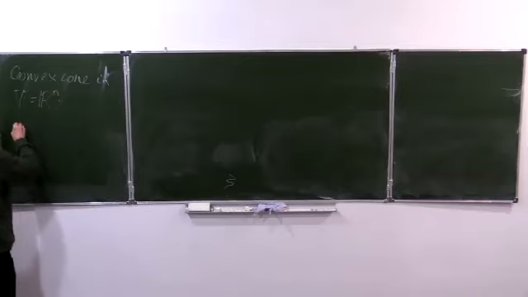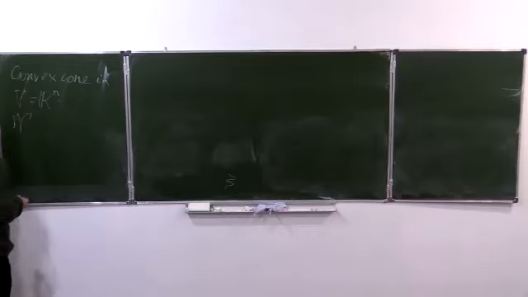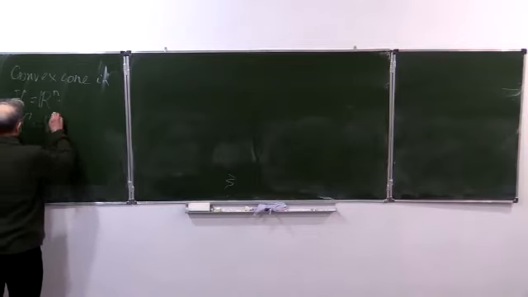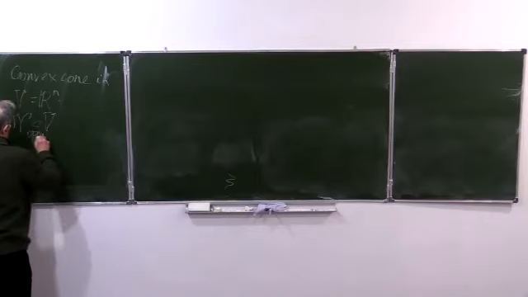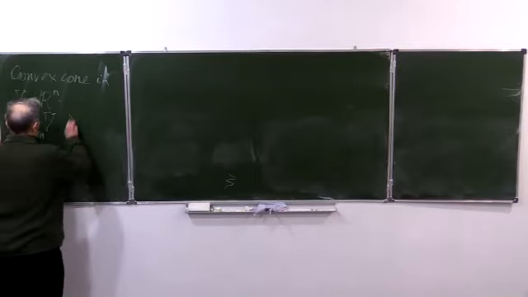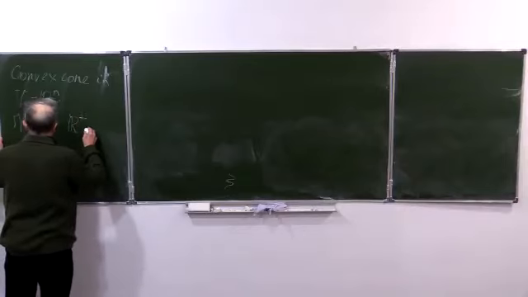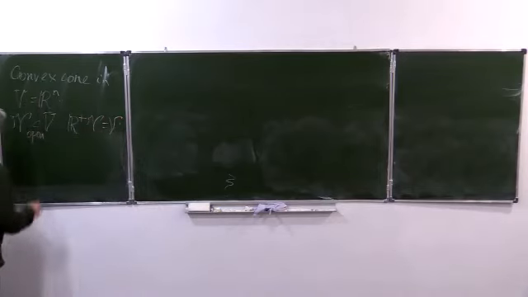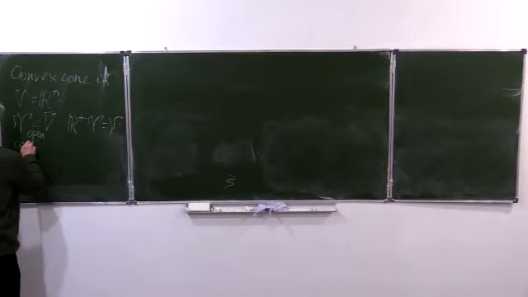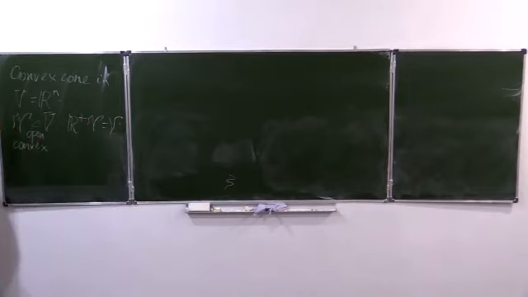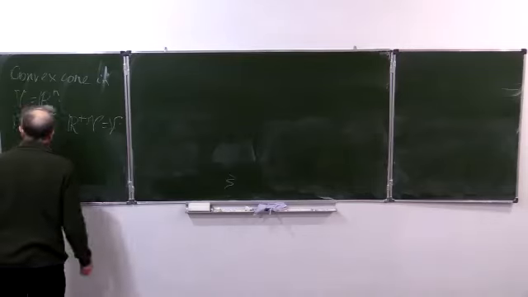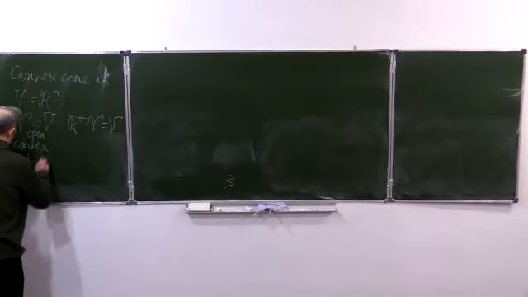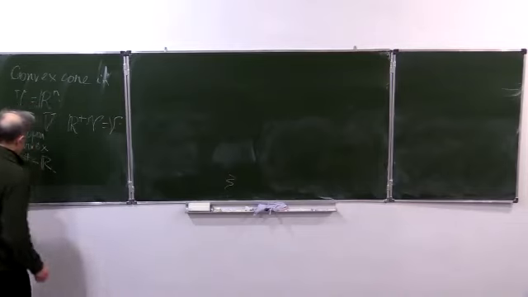Cone means, first of all, an open domain which is invariant under multiplication by the group R plus. And if it is convex, this means that we have a convex open cone. The simplest example is R plus in R.